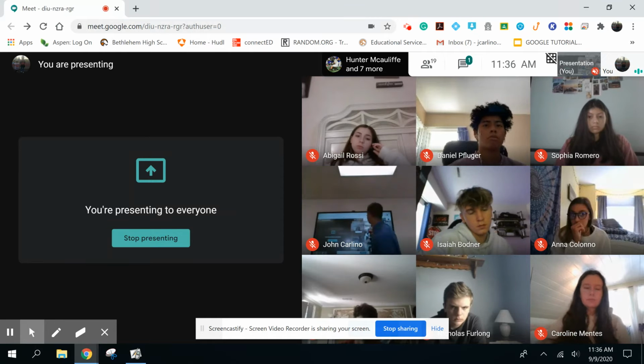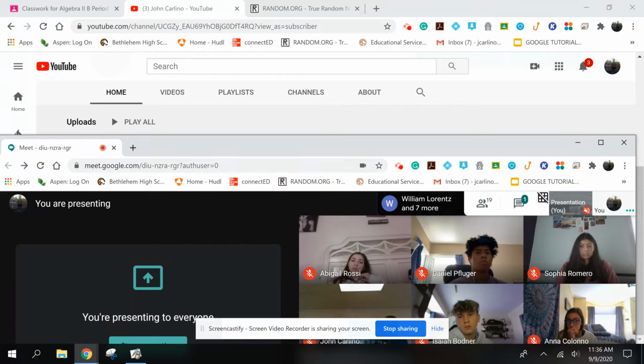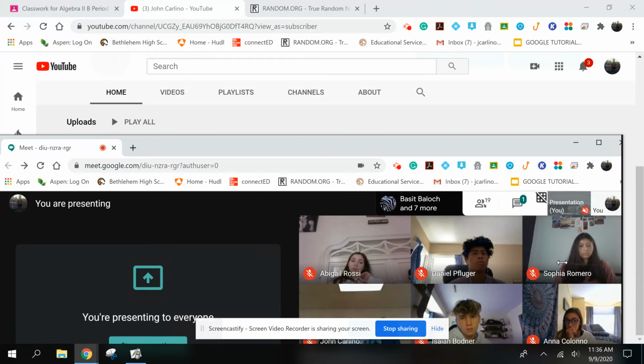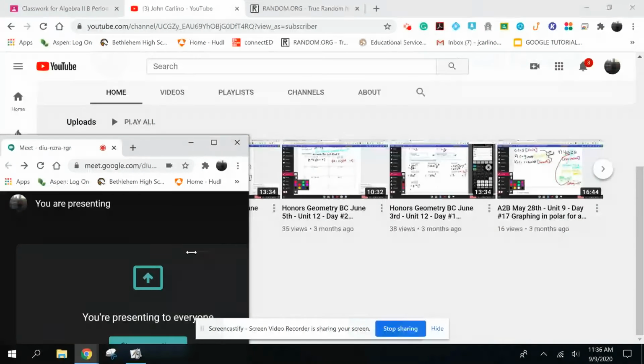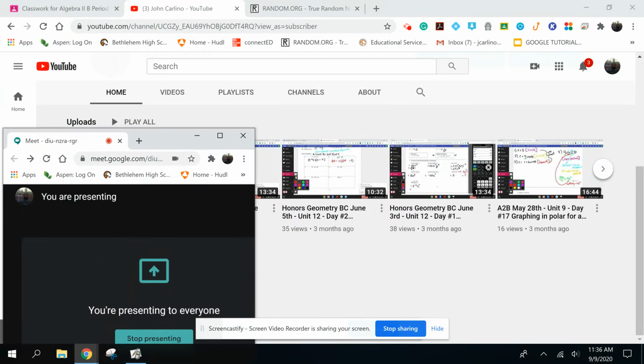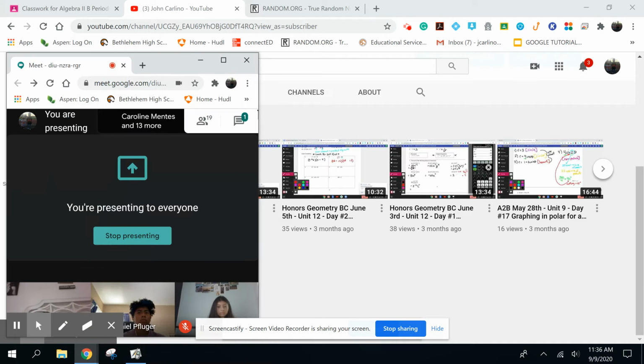And then I'm going to minimize it. Up in the top right-hand corner, you guys have an X, 2 squares, and a minus sign. I hit the 2 squares. It makes it a little smaller, but you can make it even smaller than that. If you just drag from right to left, it'll make it as small or as big as you guys need to. So that's one window up to see me taking the notes.